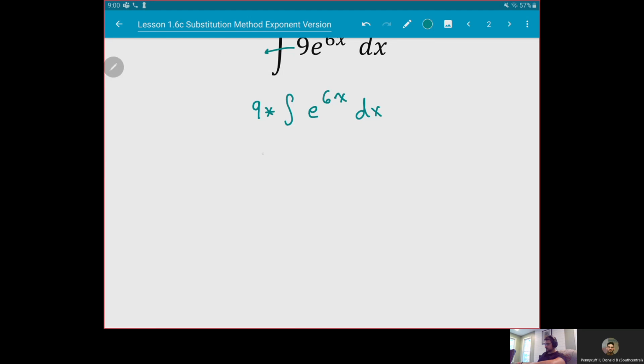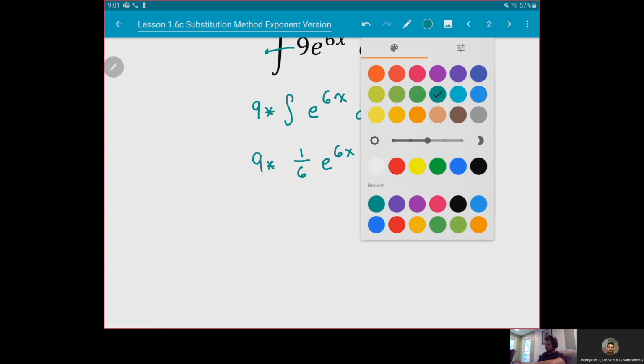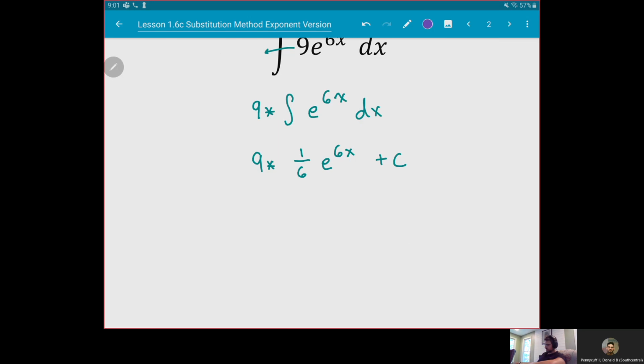Okay? And then that's just going to be 9 times 1 over 6 e to the 6x plus c. That number in front of the x comes down. Okay, and so this is going to give us 3/2 e to the 6x plus c.